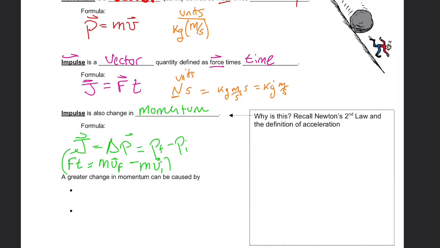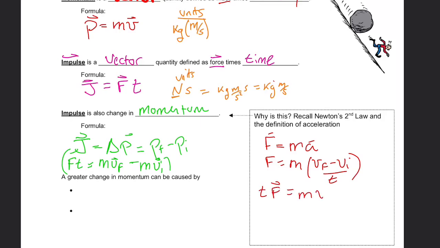Now, let's go back to what Newton's second law is. Remember Newton's second law? F equals ma, where force is a vector and so is a. If you redefine a by writing out that it's a change in velocity over time, you can then multiply time to the other side. Time times force equals m times v final minus v initial.